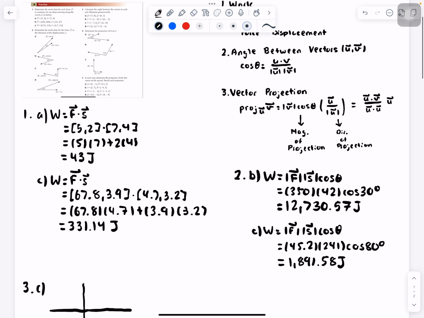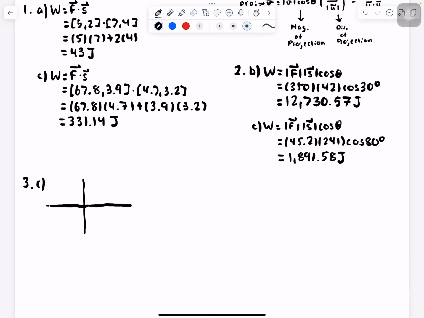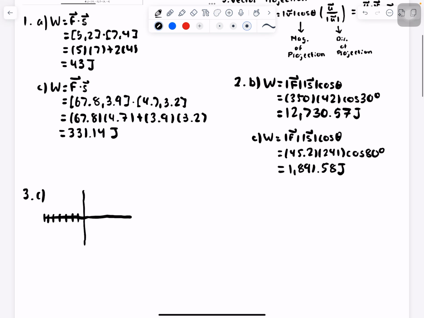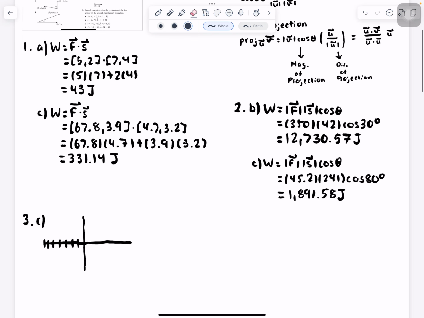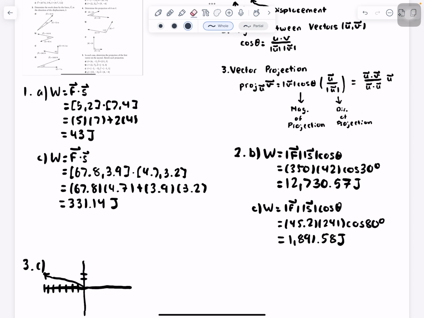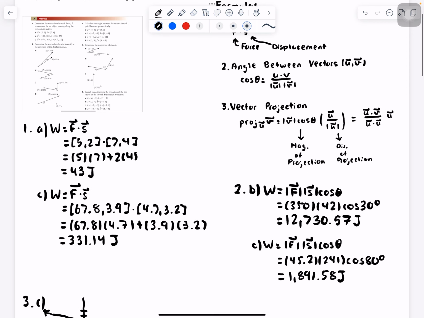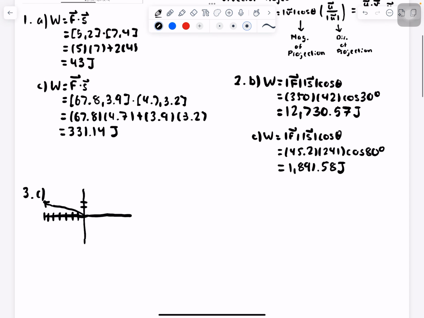So we have -7, 2. 1, 2, 3, 4, 5, 6, 7. And the vector 6, 11. 1, 2, 3, 4, 5, 6, 11.